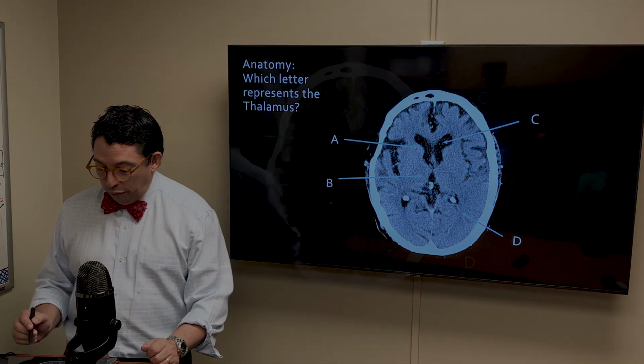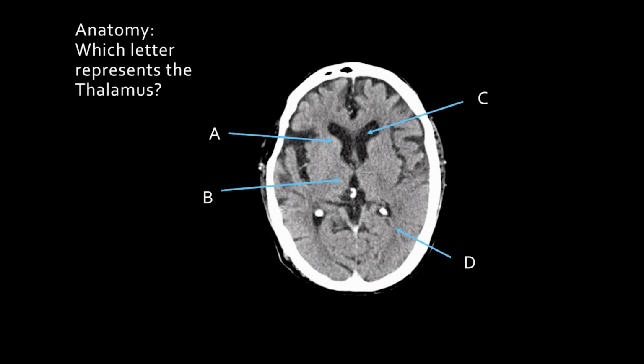If you look carefully, you're going to see that there are structures like this one here that is slightly denser than this region that I'm going to show right there, making the structure that I showed last slightly darker, and that is going to be the white matter. And anything that is slightly denser, like what we have in A, is going to be the gray matter.